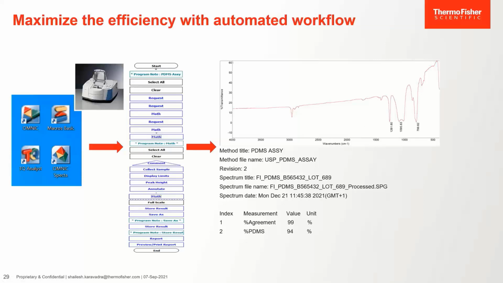It reduces the time significantly, it reduces the errors significantly, and all the operators will have the same feel of the workflow. And one can train an operator very easily, in less than 2 minutes, on how to run this macro. So streamlining and maximizing efficiency with a Macros Basic automated workflow is demonstrated by this example.